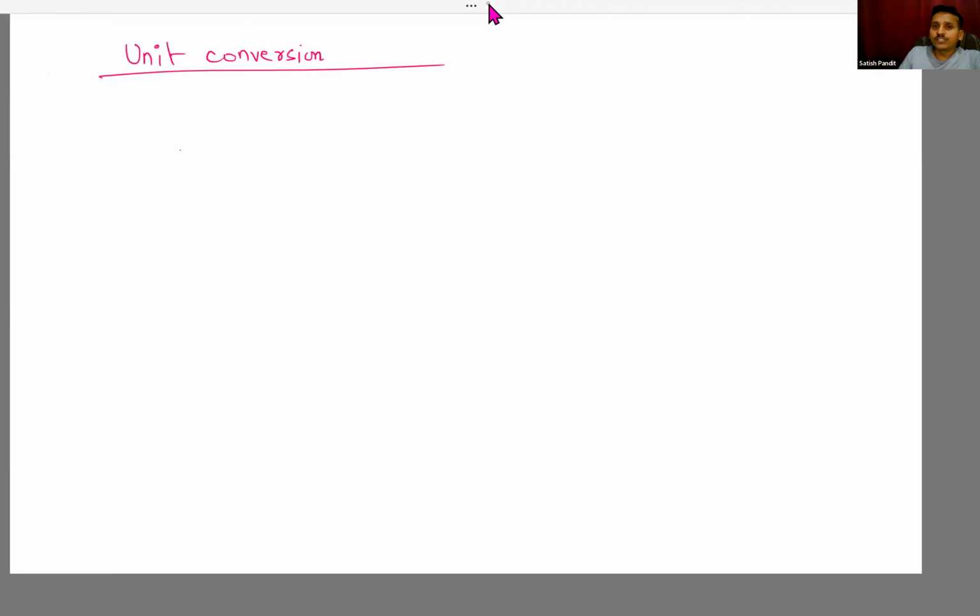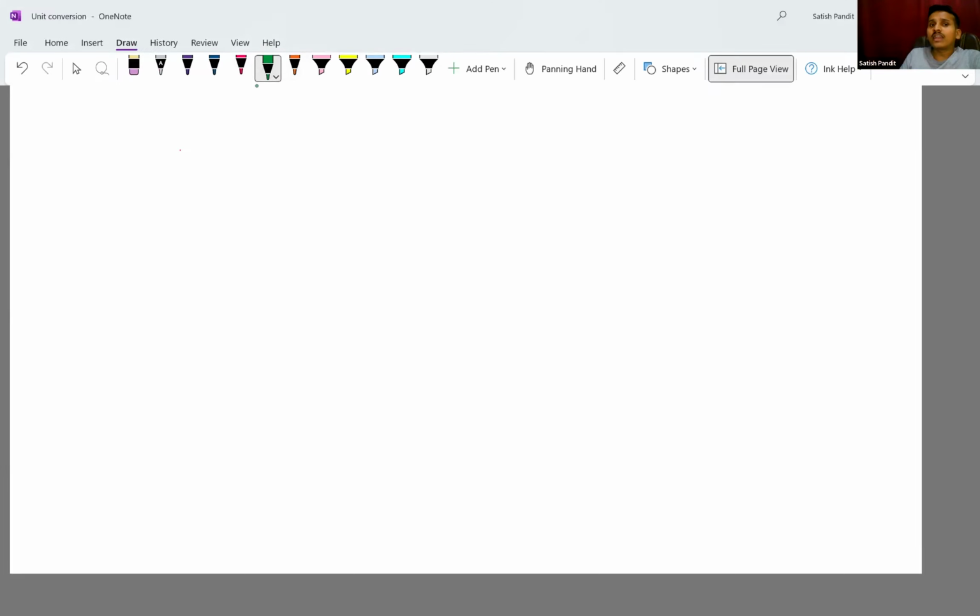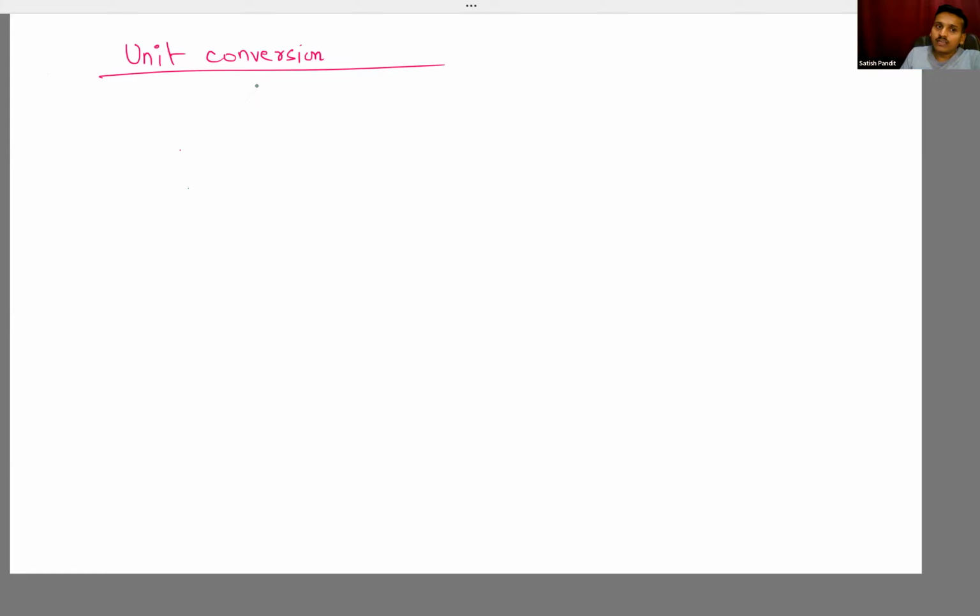For unit conversion, I will draw a ladder diagram. The ladder diagram will look something like this. These are the steps in the ladder. This is step 1, step 2, step 3.